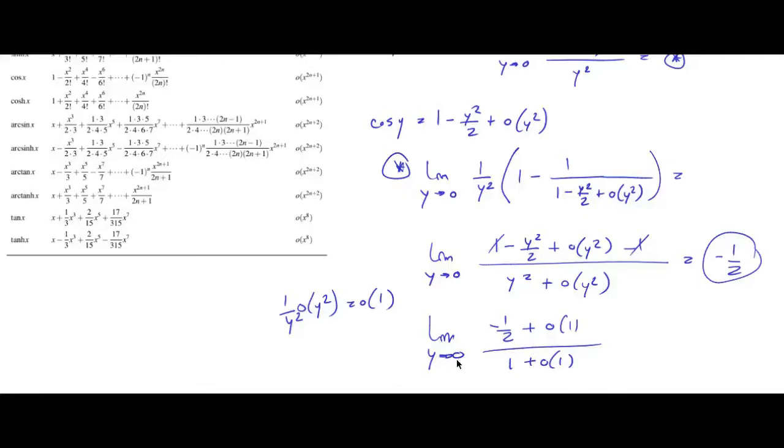And if you just take the limit, small o of 1 is 0, right? So that's 0, and you have minus 1 half. Okay, this is this intermediate step if you want to do it. But the idea is that this is very small compared to this, so you don't really want to consider them, right? Okay, so that's just how to apply Taylor's polynomials to computing limits.